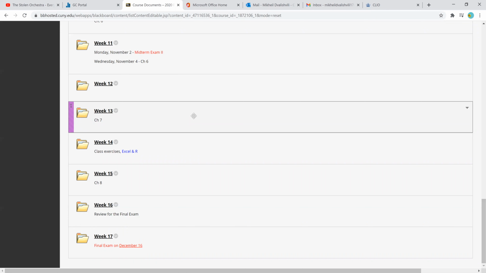So we meet twice, right? So we'll meet today, we meet on Wednesday as well. What I plan is that I'll cover chapter 7 today, then I'll do some exercises on Wednesday from the textbook. Then next week I will do some exercises, but in Excel and R. Those will be primarily the empirical problems.